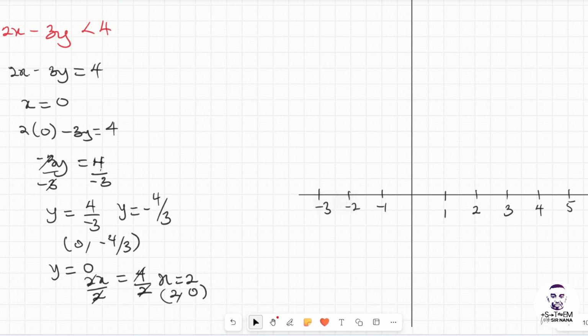On the y side, on the positive side we have 1, 2, 3, and 4, and on the negative side we can have negative 1, negative 2, and negative 3. So we have the ordered pair of points. The first one is 0 on the x-axis, and then negative 4 over 3.